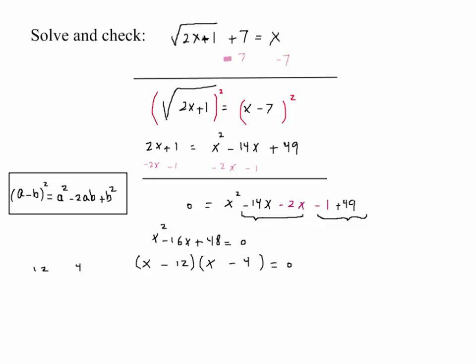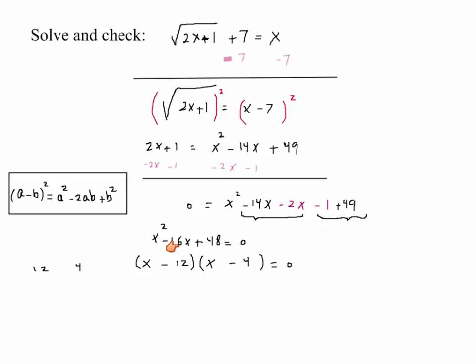So put minus and minus, and that's absolutely correct. If I multiply negative 12 times negative 4, I get plus 48, and then if I multiply the two closest terms, that would be minus 12x minus 4x. That'll give me minus 16.